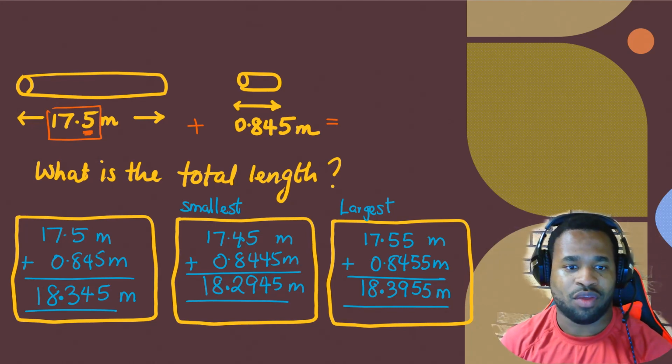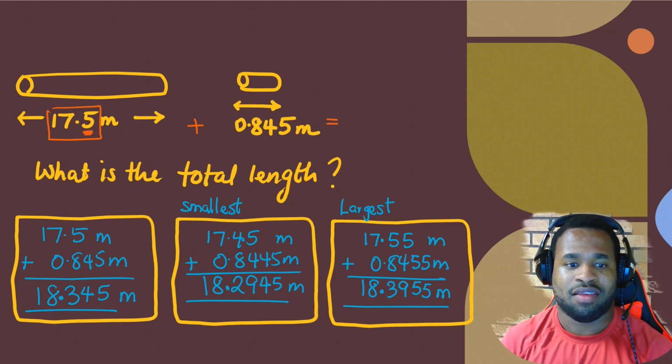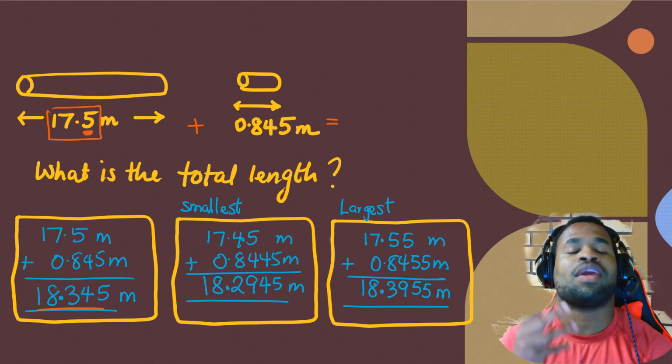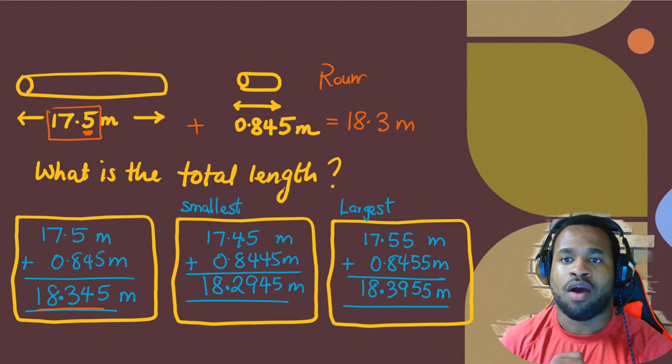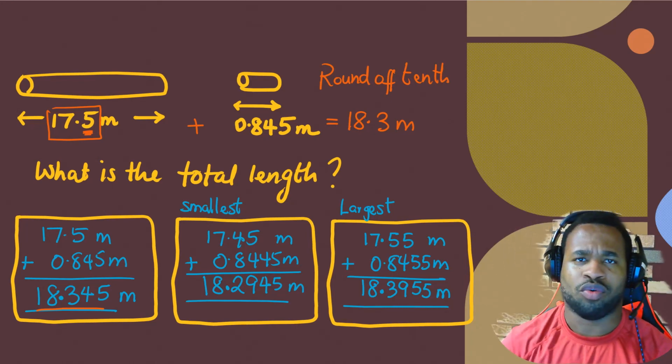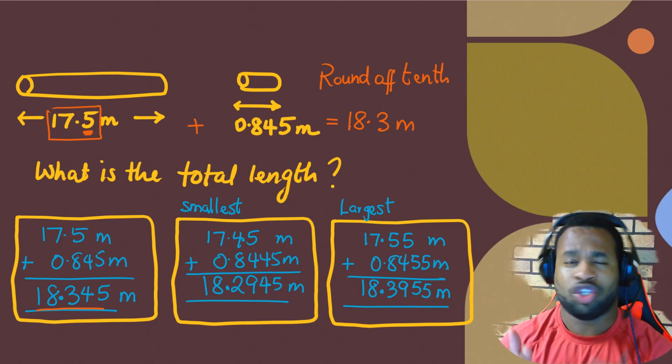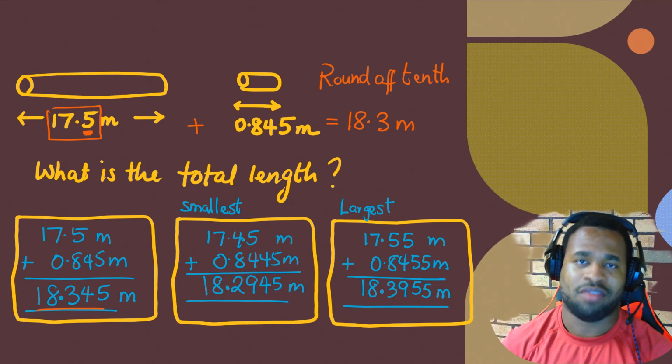Therefore our value here won't be 18.345, it will instead be 18.3 meters, rounded off to the nearest tenth. And so we're going to look at other rules for subtraction, multiplication, and division for this particular video.